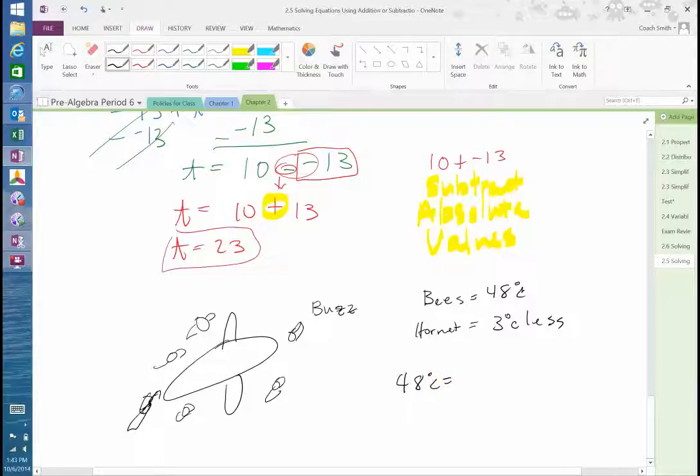Okay? Do we know what the temperature is the hornet can stand? No. So we'll let that be H. H degrees Celsius is what the hornet can stand. And if I add how much to the hornet's temperature, it gives us the 48? 3 degrees.